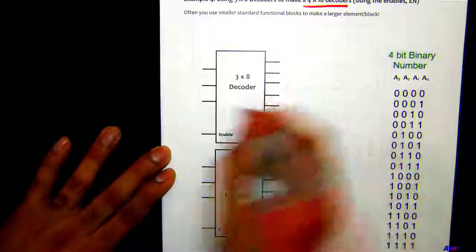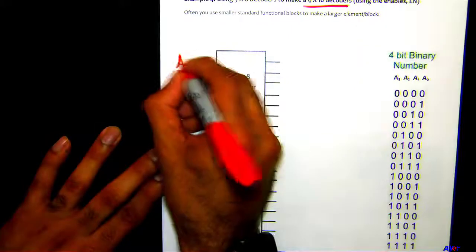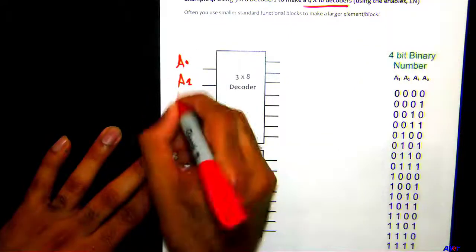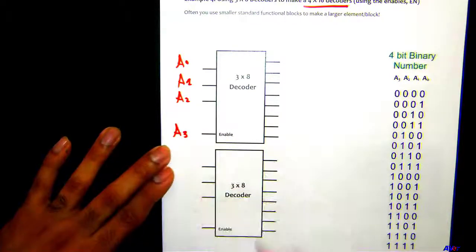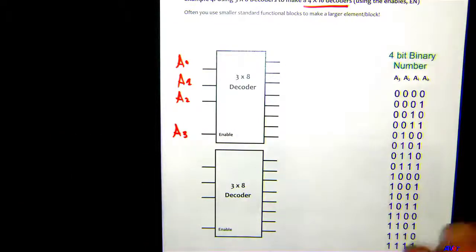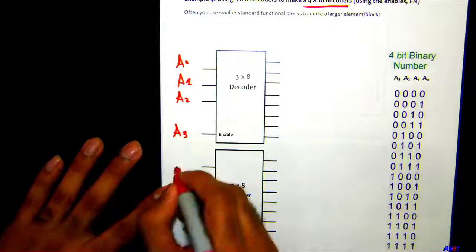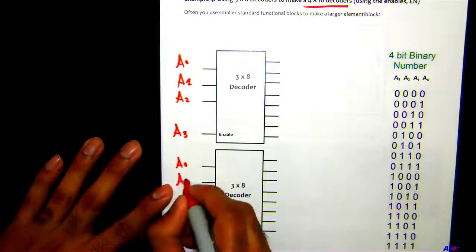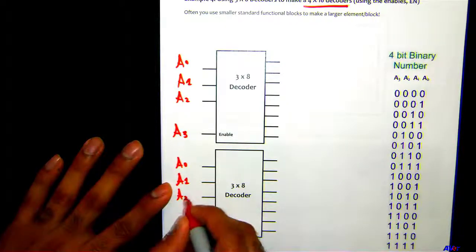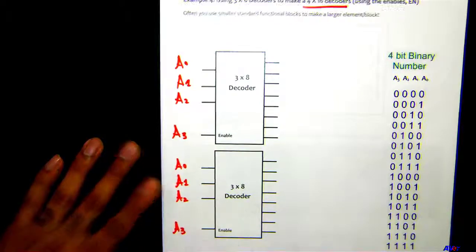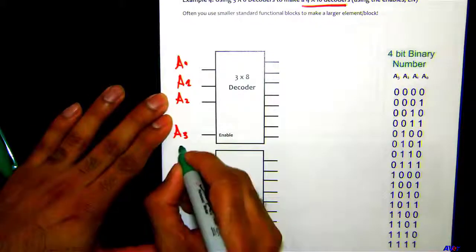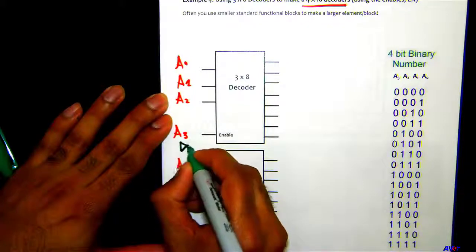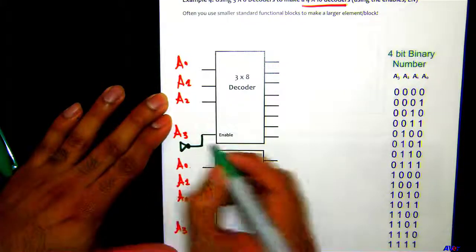And how would we do that? Say you have your inputs here, which are A0, A1, A2. The enable we will consider as an input here, so we will say this is our A3. And similarly here we have our A0, A1, A2, and A3. Now what is the trick behind it? Well, the trick is I'm going to use an inverter here and feed it to the enable.